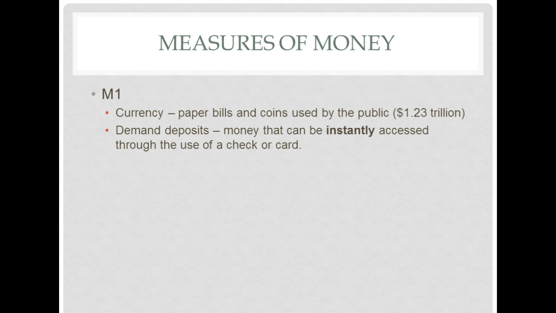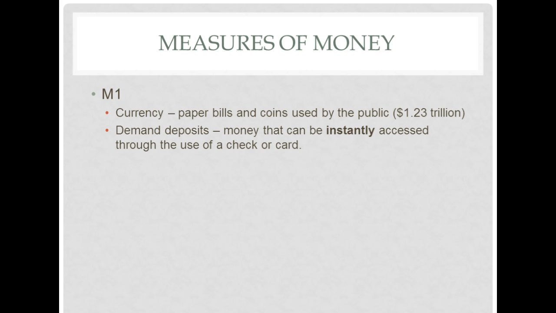We used to call it a checkable deposit because in the old days, the only other money that you could instantly access at a cash register, other than the cash in your pocket, was something that was attached to a check. You'd write out a paper check and give it to the cashier. Though you can still do that today, much more often now we use electronic debit cards and sometimes even things like PayPal or electronic transfers to instantly access money.